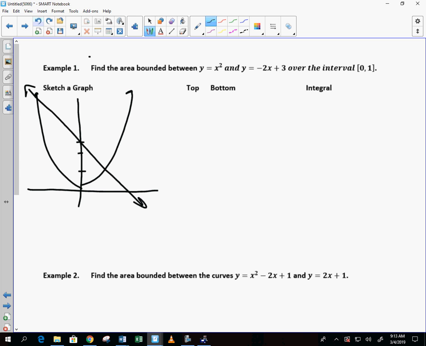Now that I've identified a little bit about what the shape looks like, if I'm going from 0 to 1, I want to identify the top and the bottom. What looks like the top? Yeah, the top is negative 2x plus 3. What's the bottom? x squared, so minus x squared.